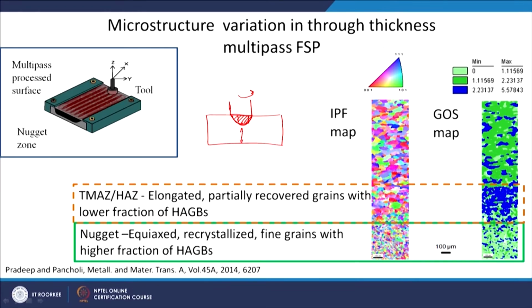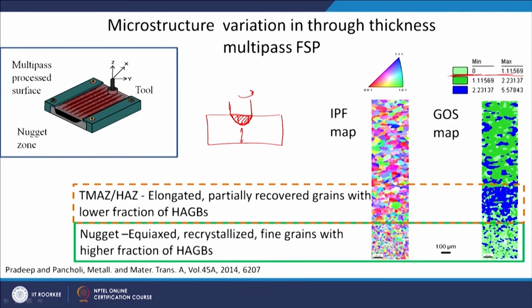And also we have discussed the grain orientation spread map. I told you that wherever you have recrystallization, the grain orientation spread value will be low. This light green is where the GOS value is up to 1, and that is what is defined as a recrystallized grain. You can see here that as the recrystallization is happening, the GOS values are lower there.